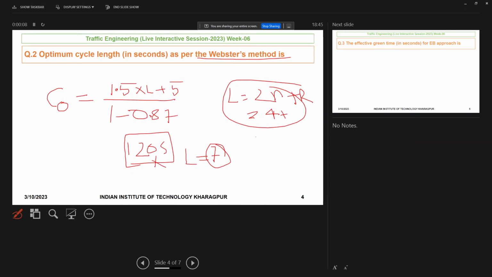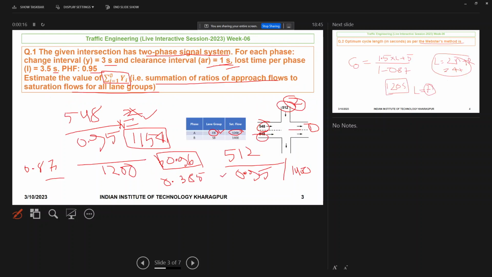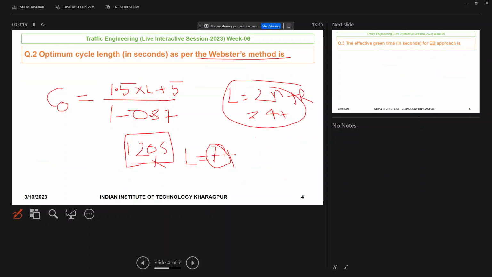So what we have to do, we have to increase this. 2n plus 2r means 7 plus 2, this is 9. So 1.5 into 9 plus 5 by 1 minus 0.87, 142.30. 142 seconds is your optimal cycle.